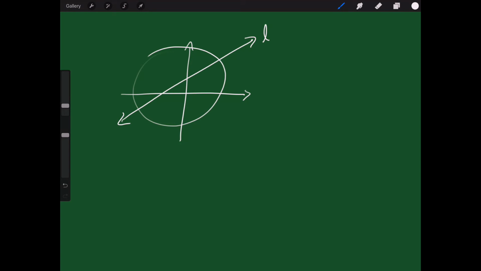No, never. It doesn't matter how big you draw the disk, you're never going to contain the entire line inside the disk. So I'd say that this line L is unbounded. Bounded just means you're inside of a disk. Unbounded means you are not. Okay, let's do an example.